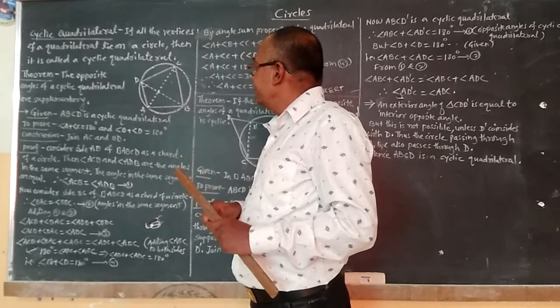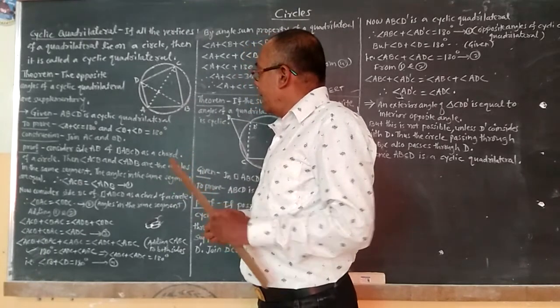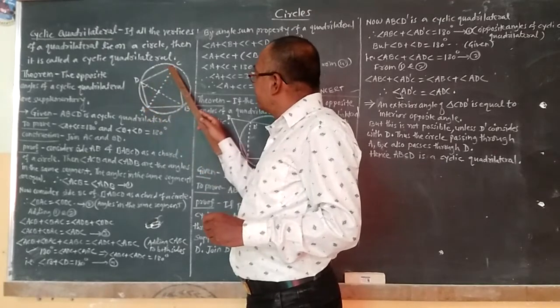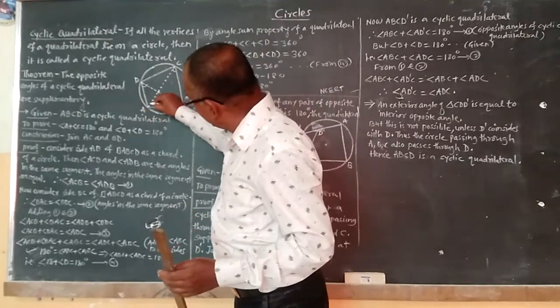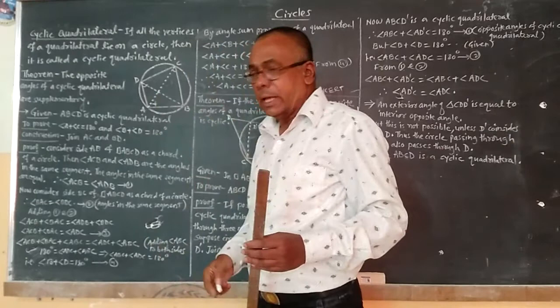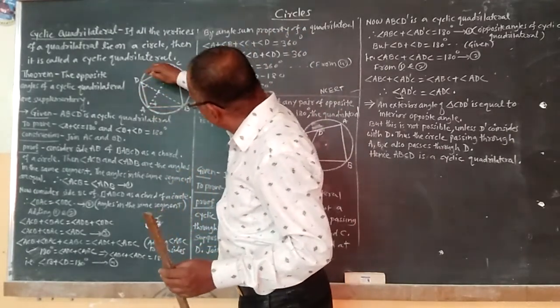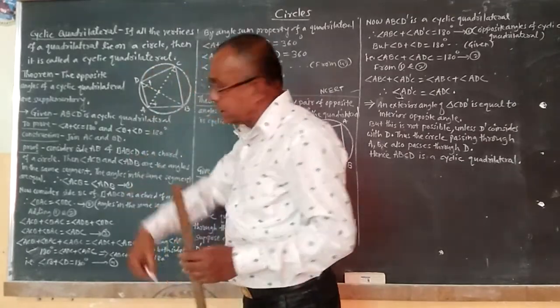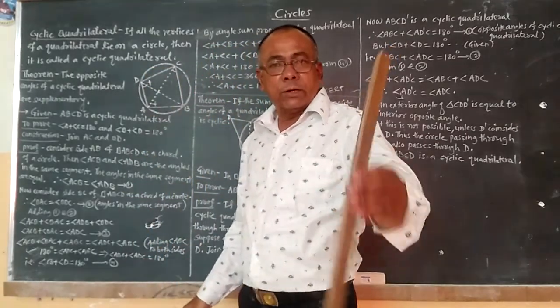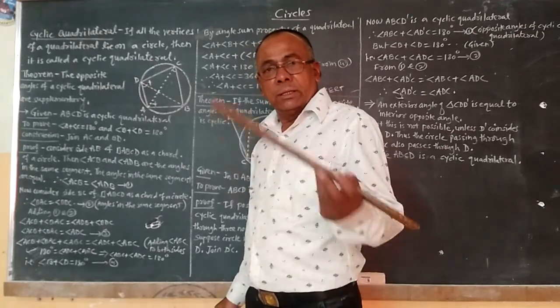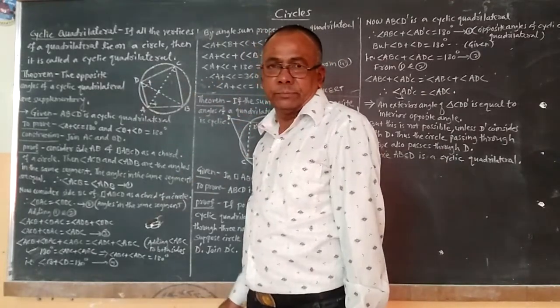Again here, angle BAC and angle BDC are equal in measure because they are lying in the same segment.